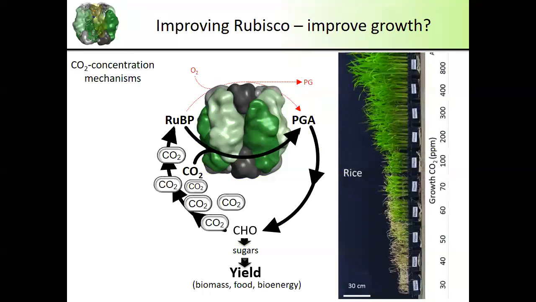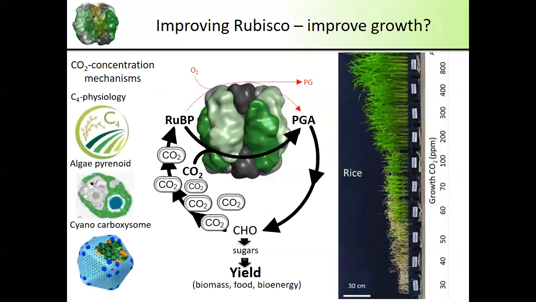Other ways you can do it is to simply concentrate more CO2 around Rubisco in the chloroplast. Now, some plants and some organisms have done that. I don't know if you know about C4 photosynthesis, but your maize and your sugarcane have this capacity.